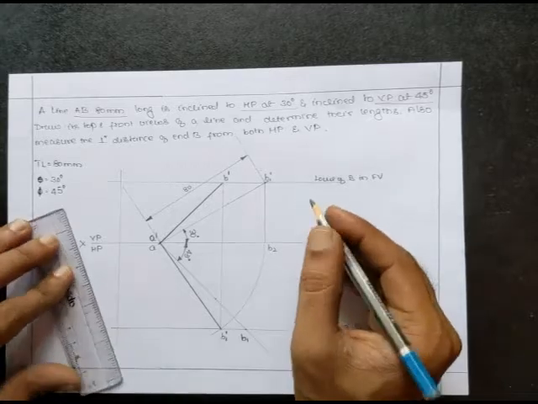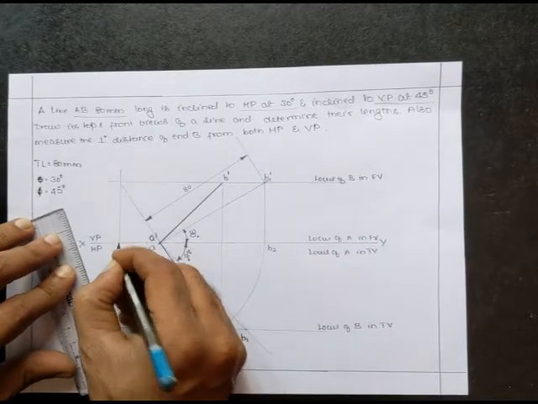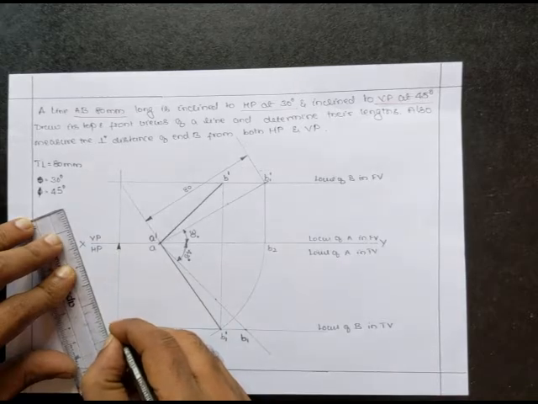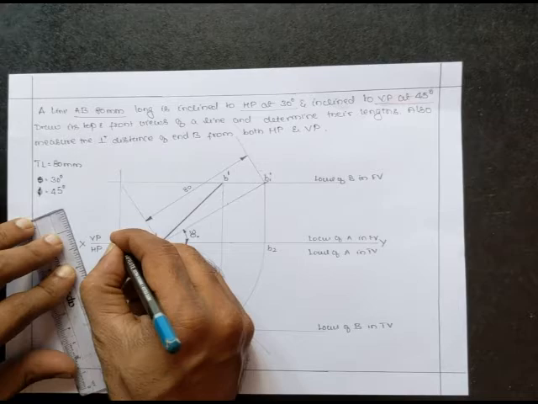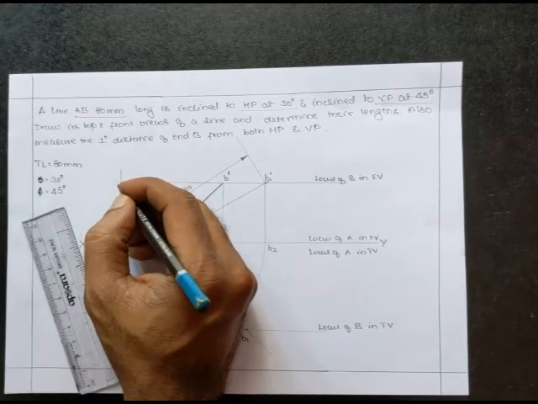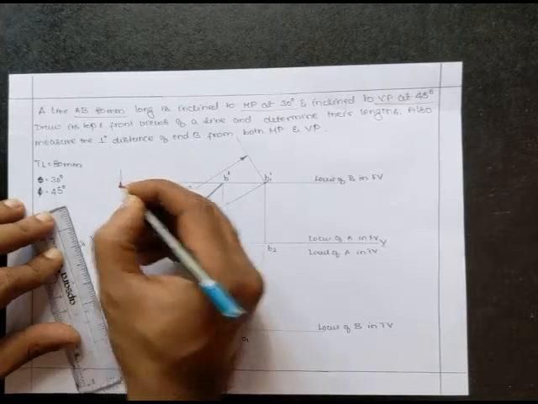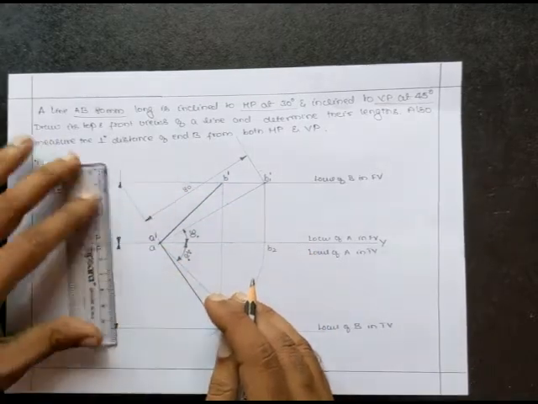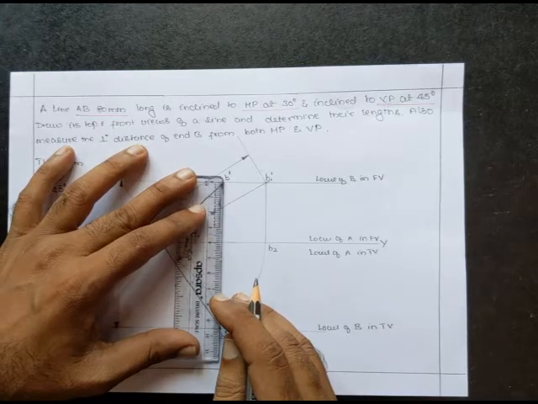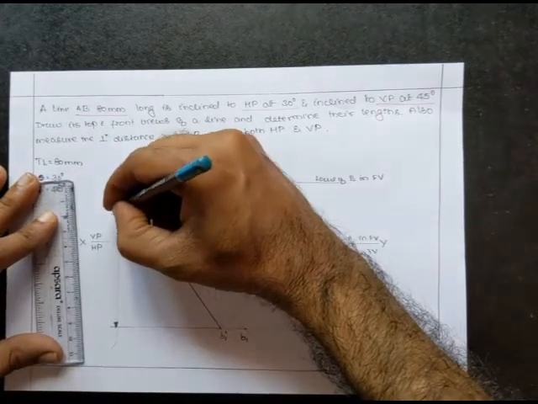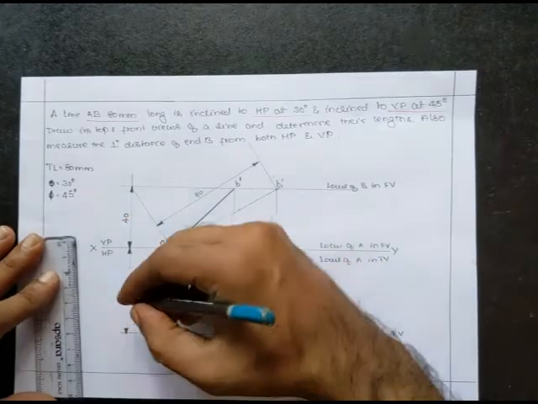Now if you measure, this is the perpendicular distance with respect to end B. So let me measure the distance. Better always measure from the object. There might be a slight variation. This is 40 millimeter and here it is 55 millimeter.